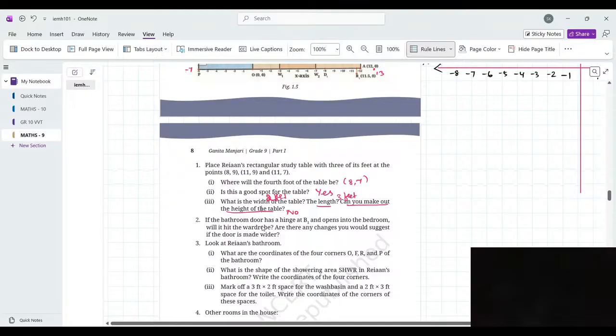Moving on to the next question. If the bedroom door has the hinge at B1 and opens into the bedroom, will it hit the wardrobe?